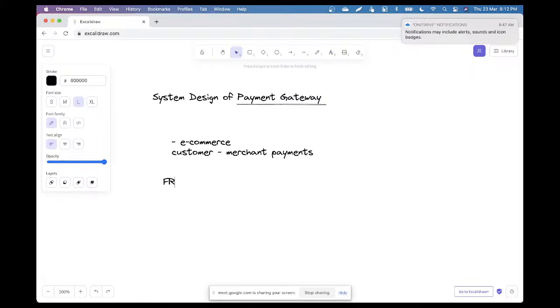So this is about functional requirements. First thing is you have to do payment processing, and the second part is payment confirmation.